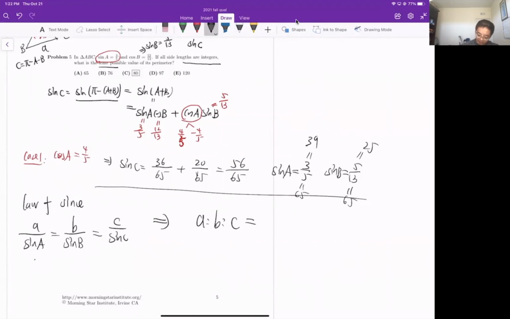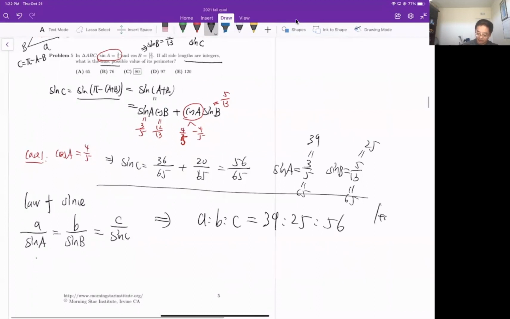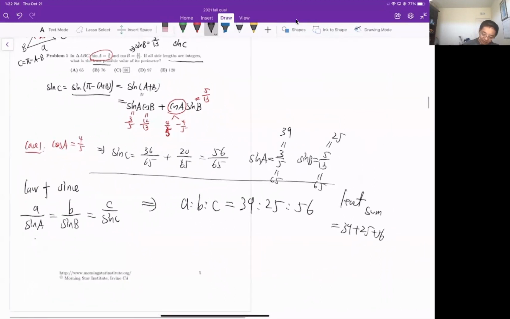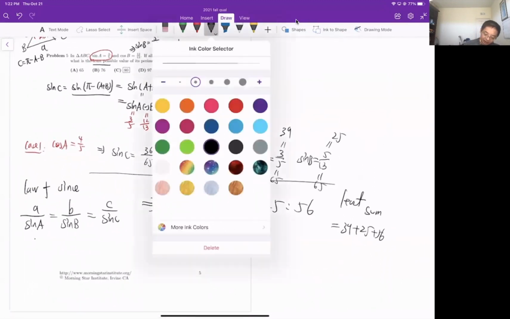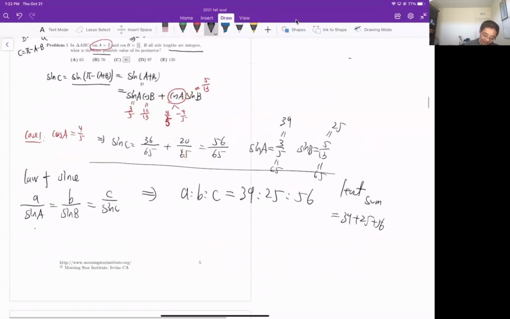So what we have is 39, 25, and 56. The least sum, or least perimeter, if they are all integers, will be 39 plus 25 plus 56. But this is not the least possibility.